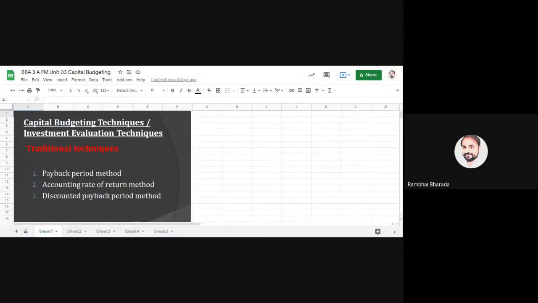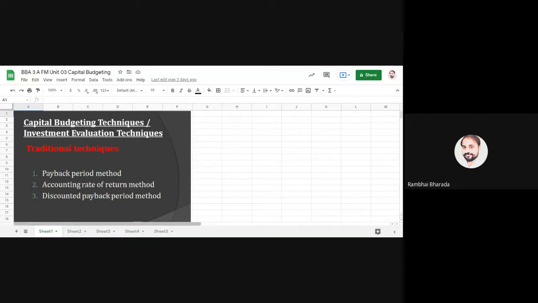Two types of techniques are there: traditional techniques and modern techniques. Traditional techniques include payback period, accounting rate of return, and discounted payback period, whereas the modern or discounted techniques include internal rate of return, net present value, and profitability index that we will discuss later on.